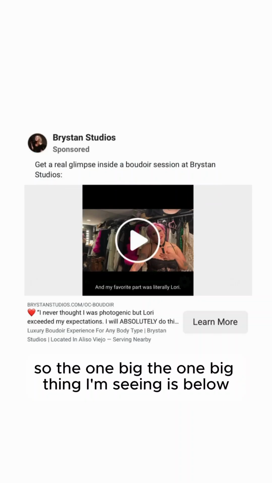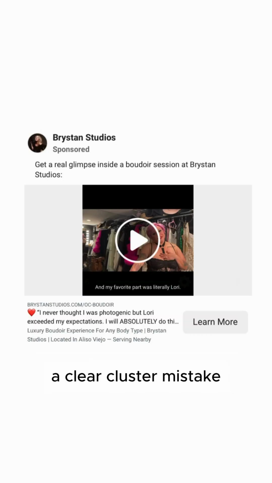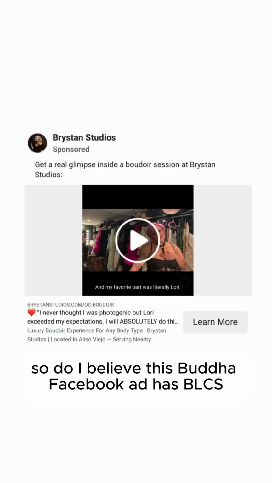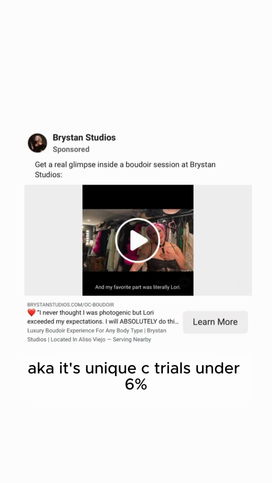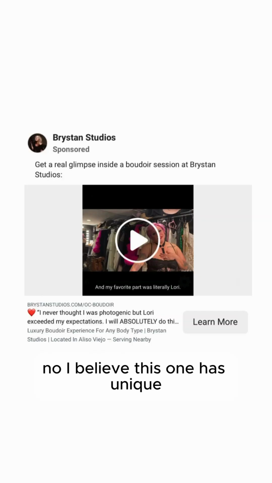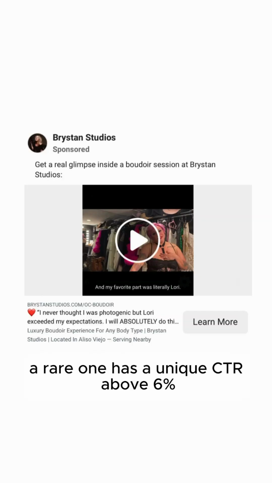So the one big thing I'm seeing is the below creative cluster mistake. So, do I believe this boudoir Facebook ad has BLCS, Boudoir low click syndrome, aka its unique CTR is under 6%? No, I believe this is a rare one with a unique CTR above 6%.